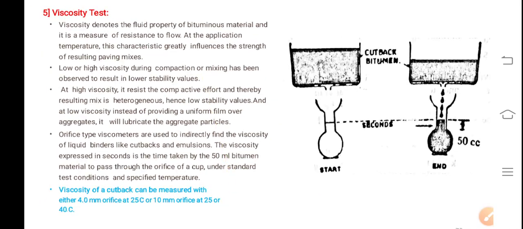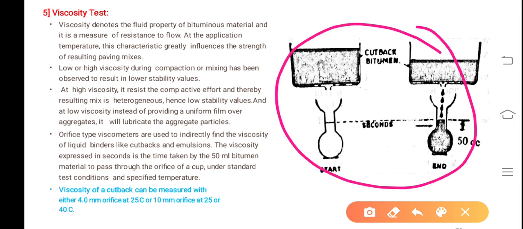Viscosity test. What is viscosity? It is the time required to flow, or resistance to flow. This is the concept of the test. You have to collect 50 or 25 cc of bitumen through an orifice of 10 mm diameter provided in the cup.